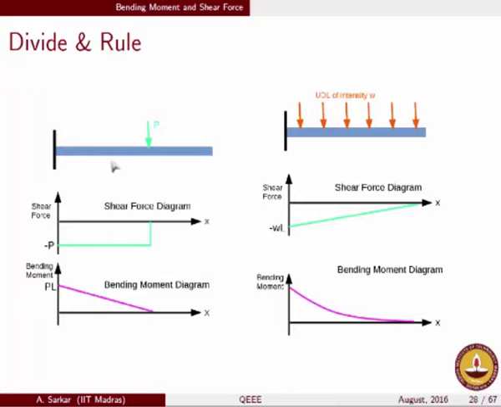The formal derivation suggests shear force for a point load does not change, while for a UDL it does change, because dV by dx is W, and W is constant in this case. If W is constant, then dV by dx, the slope of the shear force diagram, has to be constant, which means the shear force diagram itself has to be a straight line. This is what we have.